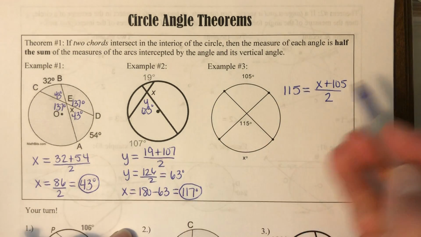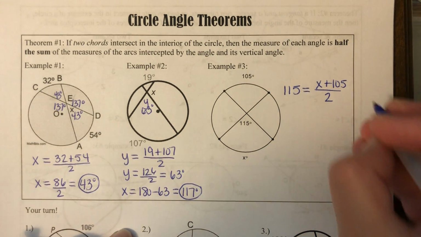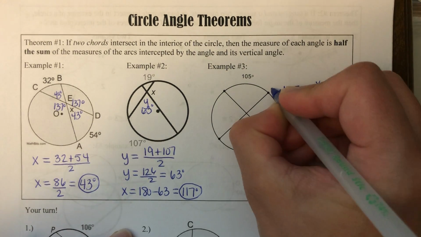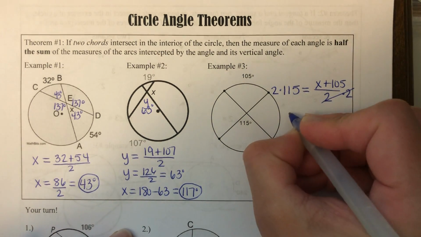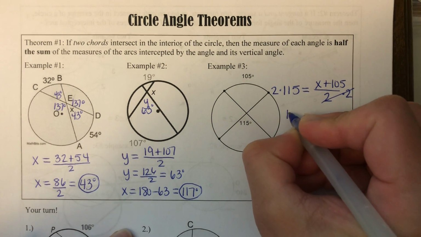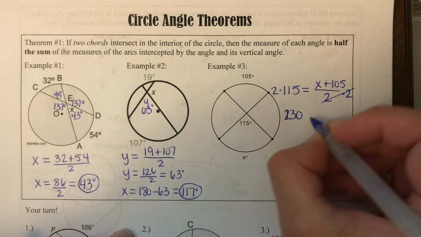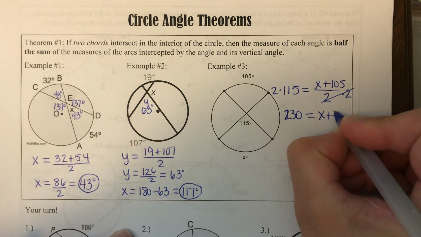Now to solve this, this is saying divide by 2. The opposite is to multiply by 2, both sides. So goodbye to these 2's. 115 times 2 is 230. Now all we have left is the numerator over here.